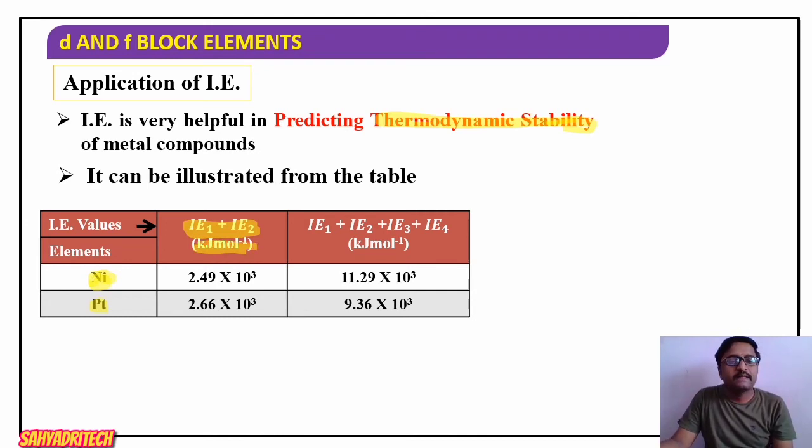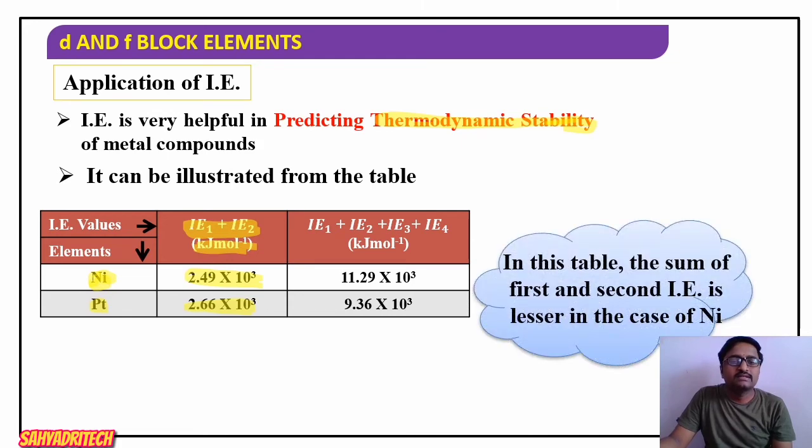For nickel, the sum of the first and second ionization enthalpy is 2.49 × 10^3 kJ/mol. And for platinum, it is 2.66 × 10^3 kJ/mol. So for nickel it is 2.49 × 10^3, and for platinum 2.66 × 10^3.